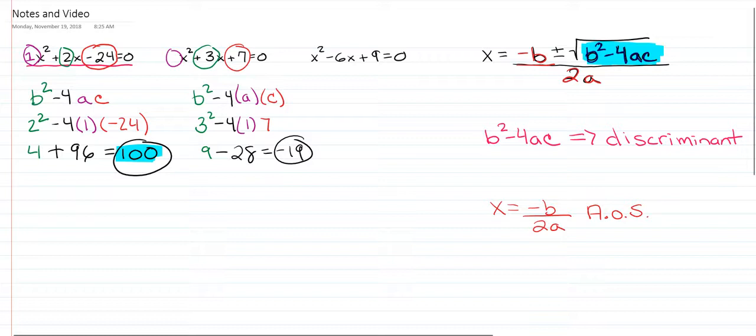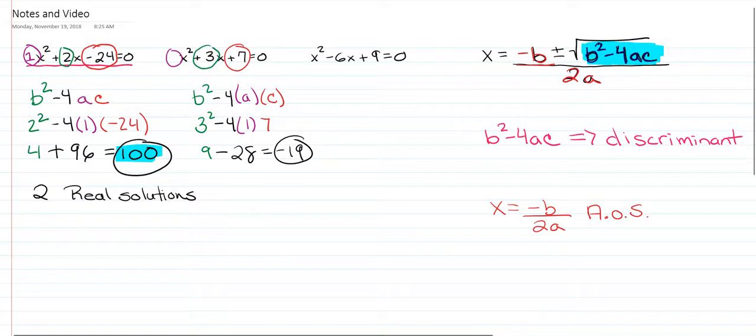That's possible. So I'm going to have a real solution. Now, how many unique real solutions will I have? Well, it's plus and minus. So I'm going to have 2 real solutions.